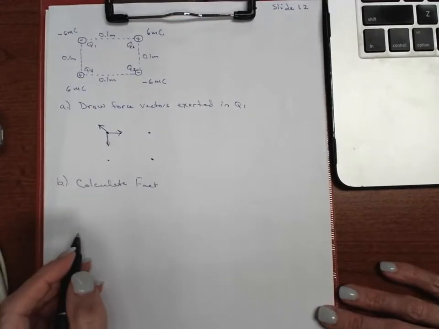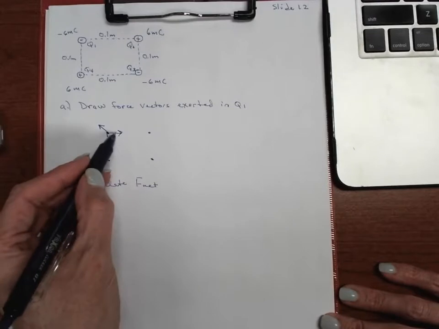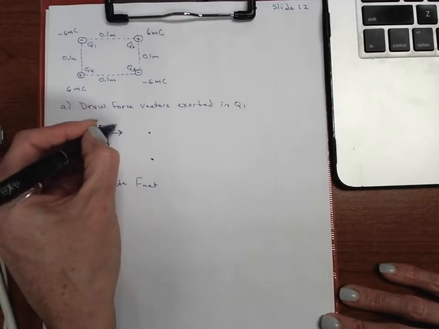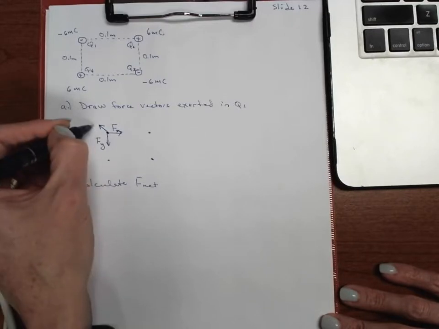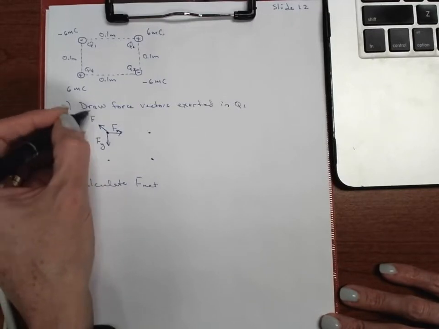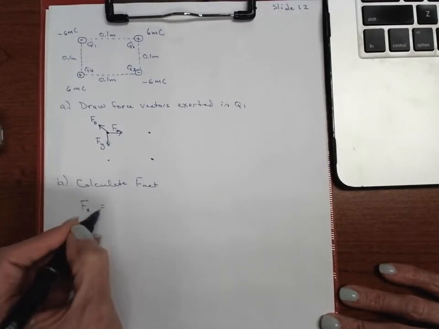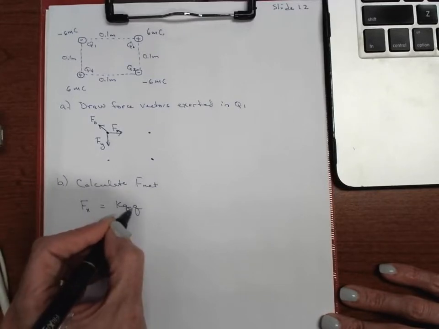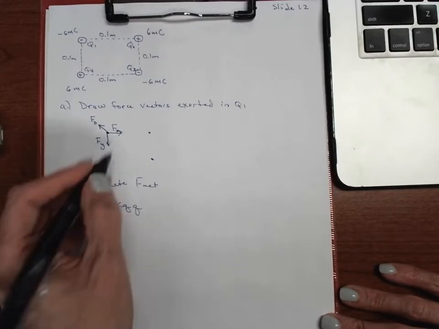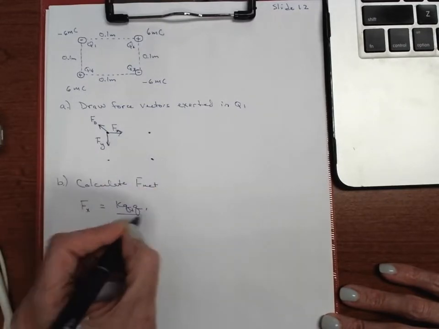The way we're going to do that is we're going to use the equation. For each of these forces, let's call this one Fx, and we'll call this one Fy, and we'll call this one Fd for diagonal. So Fx is equal to k Q2 times Q1 over r squared, so we'll do this one first.